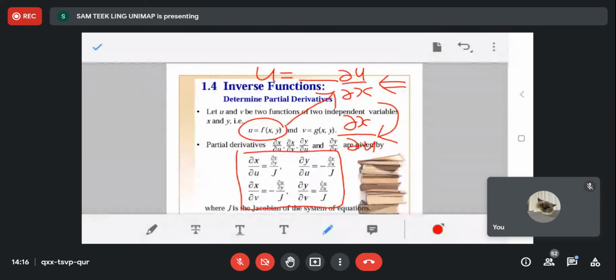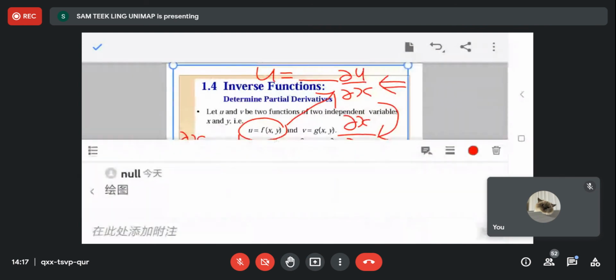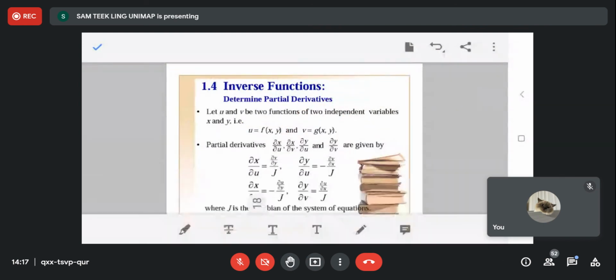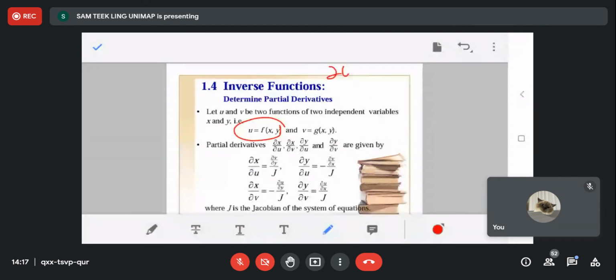Don't give me, if you want to find del x, del u, then negative 1 per del u, del x. No. For the inverse function, no. For this one, we can directly find del u, del x.